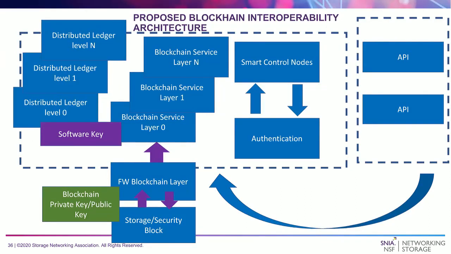This is a block diagram of our SNIA proposed blockchain interoperability architecture, and the underlying reason for this, and this would be my call to action, is that at the SNIA organization, we would like to create a communication protocol across multiple blockchains and multiple implementations of blockchains, in the current existing environment and the going-forward environment.